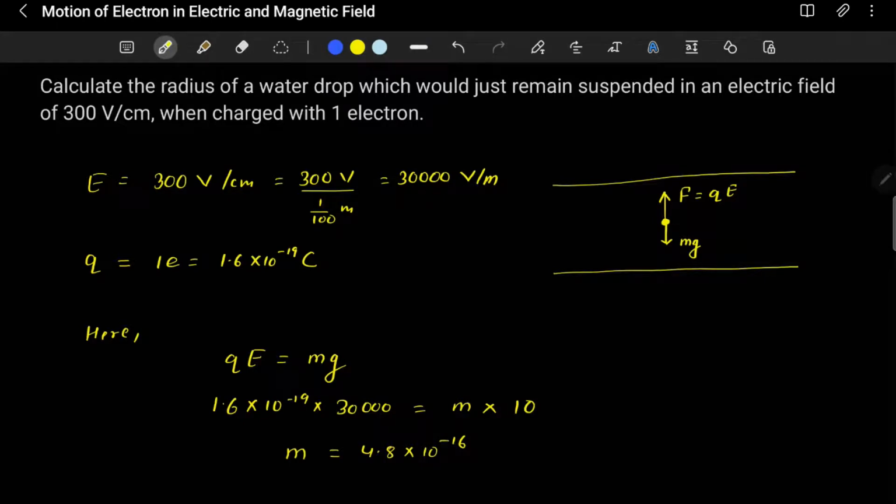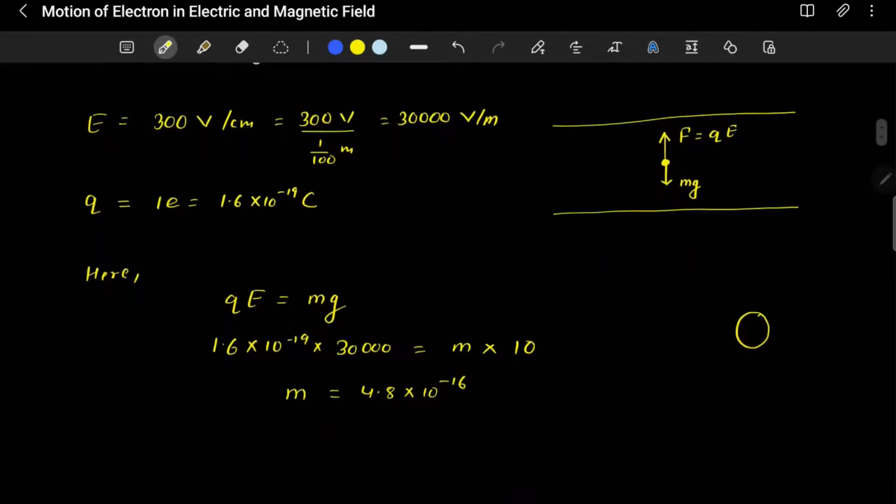But we need to calculate the radius of the water drop. So we know that mass is density into volume. Since the water drop is spherical in shape, volume will be 4 by 3 pi r cube, and the density of water is 1000.